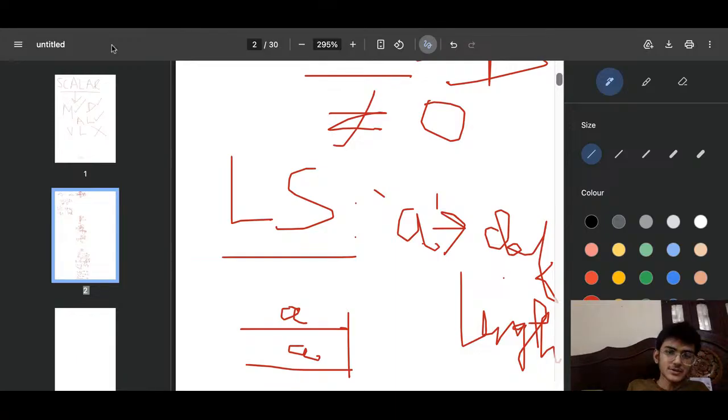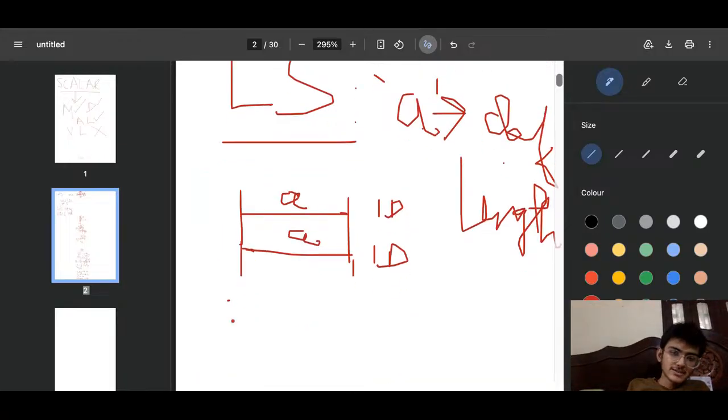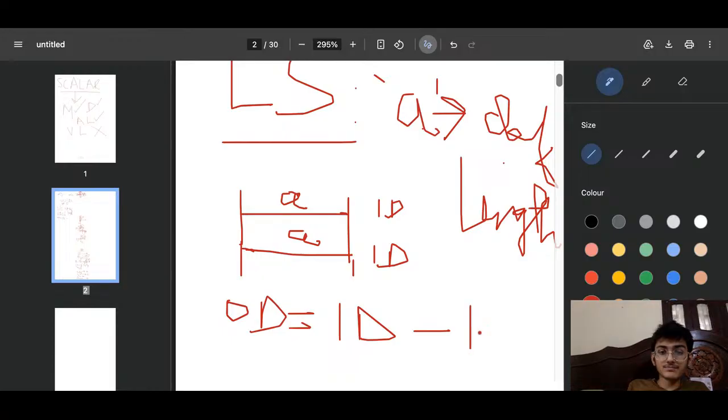Okay, so in this way, now you have two one dimensional systems having the definite length A. Now to get the zero dimension, what do you have to do? You have to use the same concept, 1D minus 1D. And now you are left with the length A minus A.